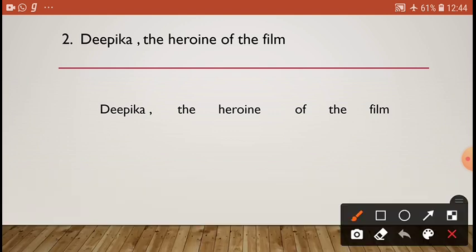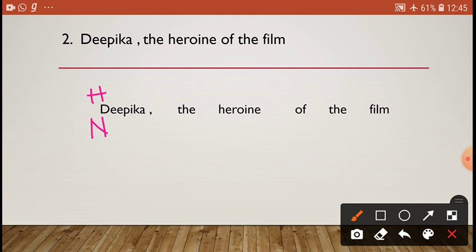So, Deepika is the head word here, and Deepika is a noun. So, the form label of the word Deepika is N, noun, and the function label of the word Deepika is head. Okay?